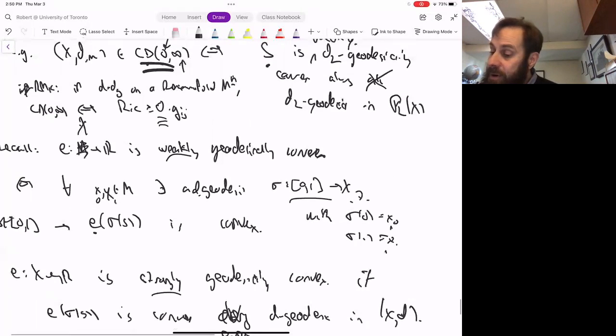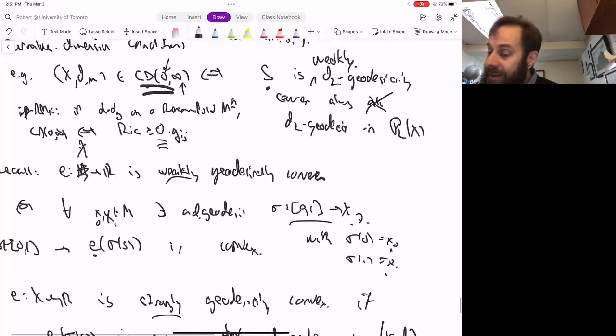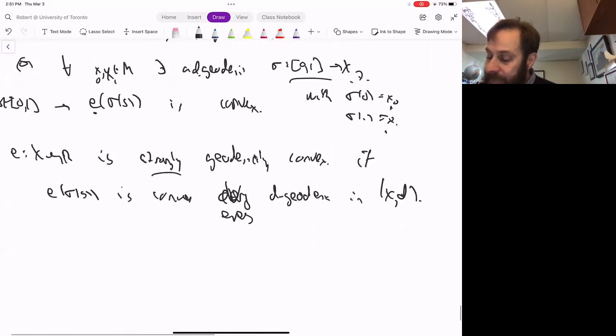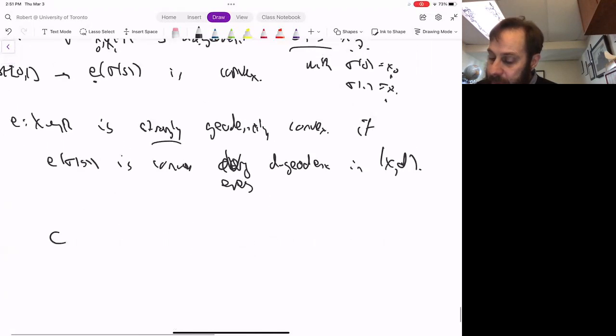But the idea we're going to talk about starting next week is how to develop analogous notions for CDKN, where K is a Ricci curvature lower bound and N is a dimensional upper bound.